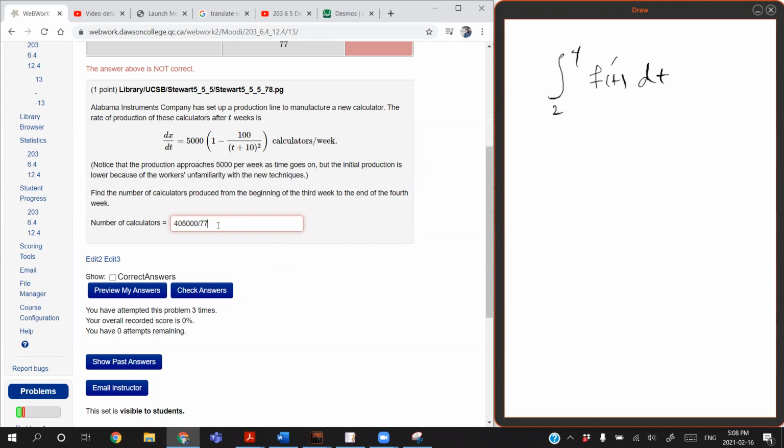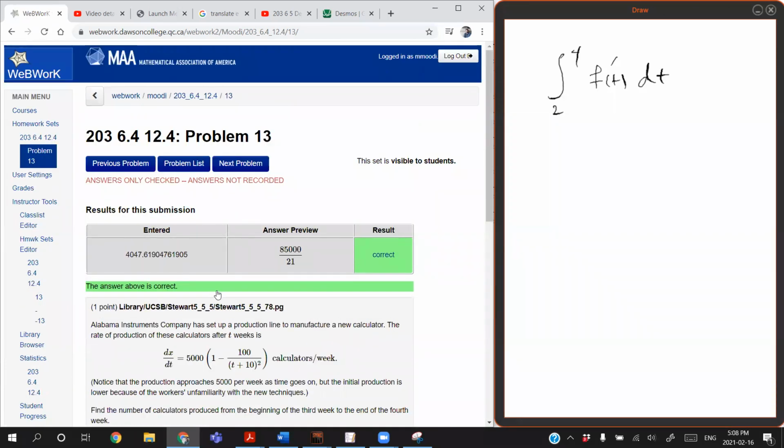Okay, so you use the bounds from 2 to 4, you're going to get 85,000 over 21, which is the right answer.